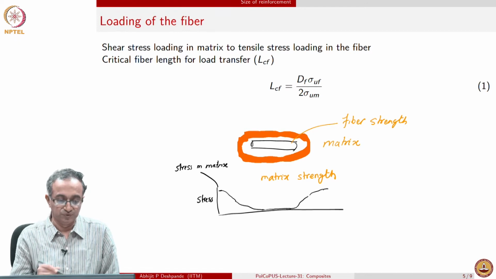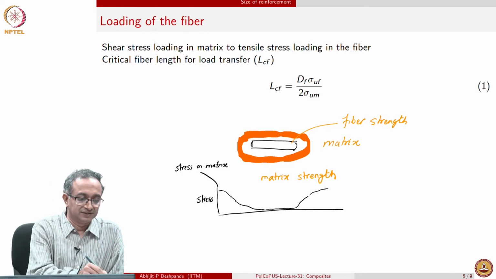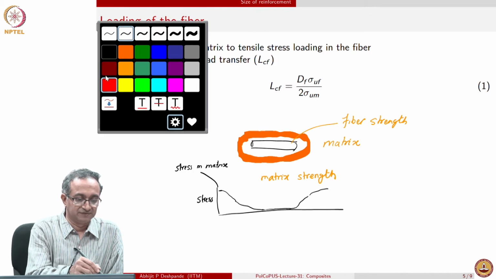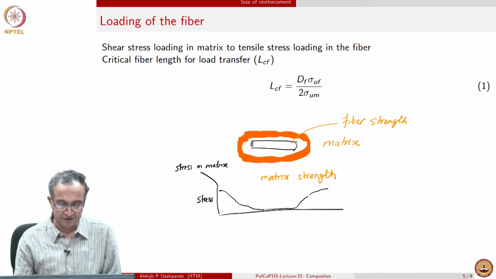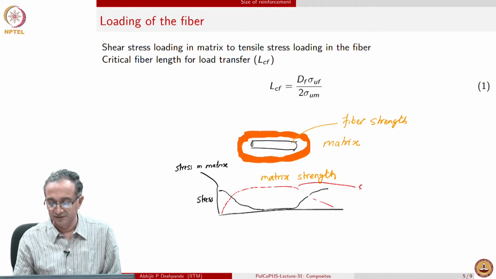Similarly, to offset this, what we also have is the load in the fiber itself. So, the fiber, for example, will have a load which is increasing. So, this is the stress in fiber.